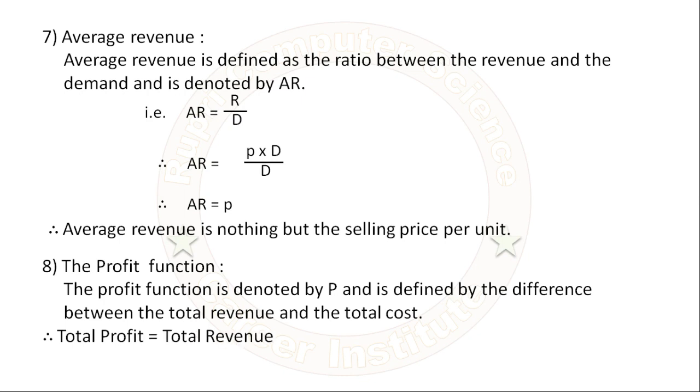Therefore, the total profit function is equal to total revenue minus total cost. That is, P is equal to R minus C. This is called total profit.